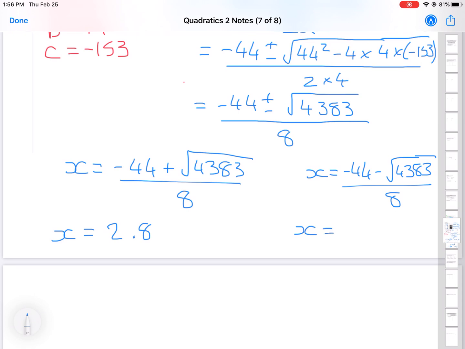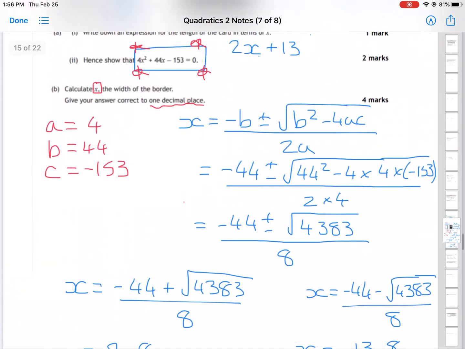Or negative 44, take away root 4383 equals, divide that by 8 is equal to negative 13.8. Now, as I said before, with the context questions, we do have to make sure that our possible answers make sense.